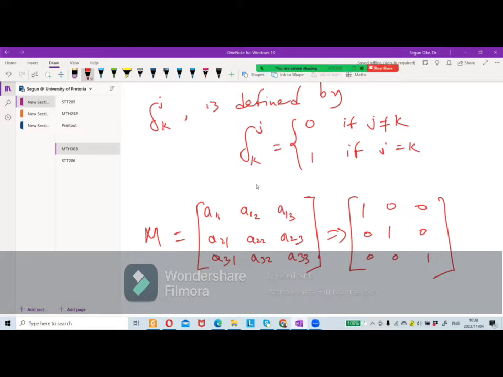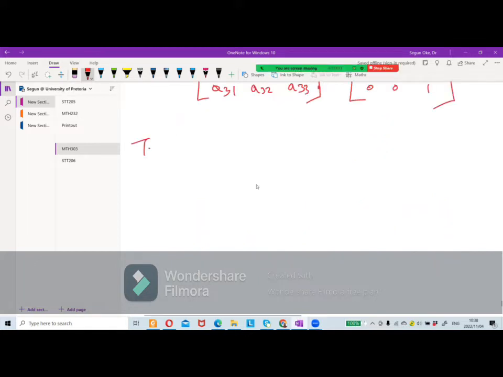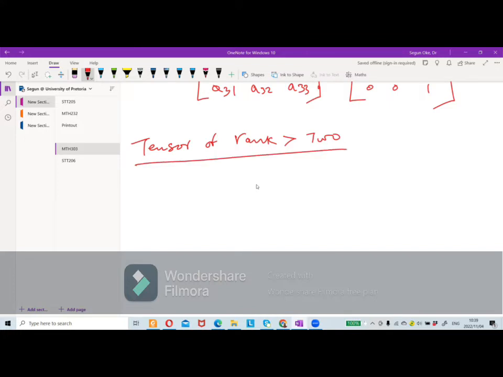When you have a tensor greater than 2, for example, when you have A, Q, S, T, K, L, how many ranks do we have now?